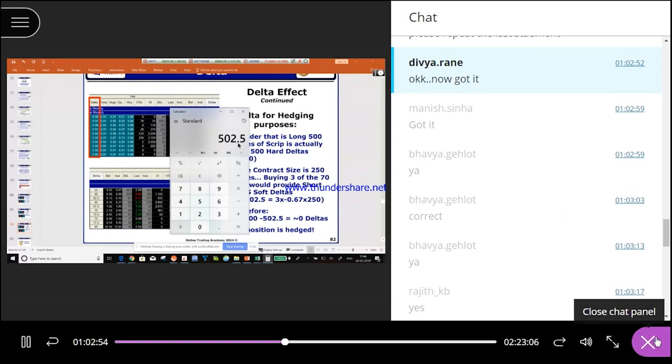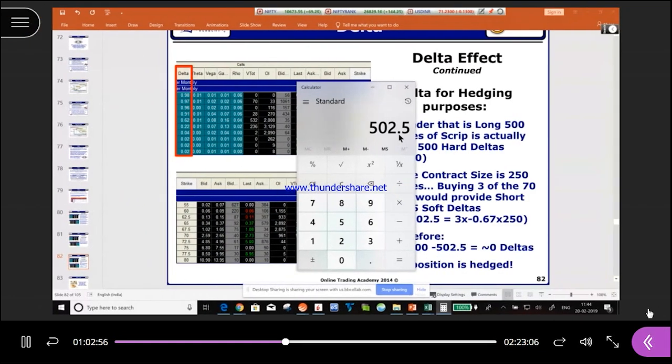So Bhavya, let's say when you hedged it the first time, you needed three lots, and there was some specific delta value, that is 0.67. Now as the stock starts dropping, your put option will keep on increasing in value, correct?